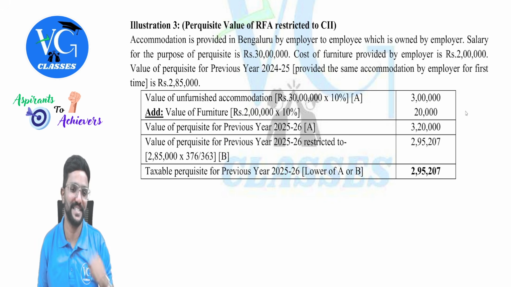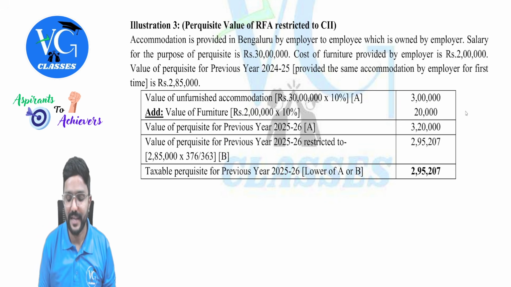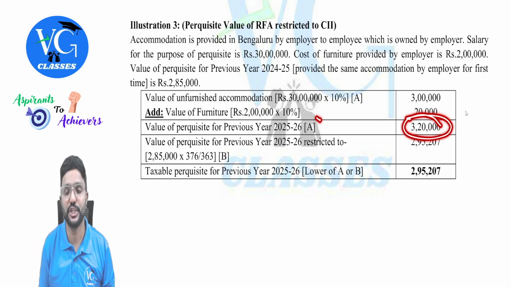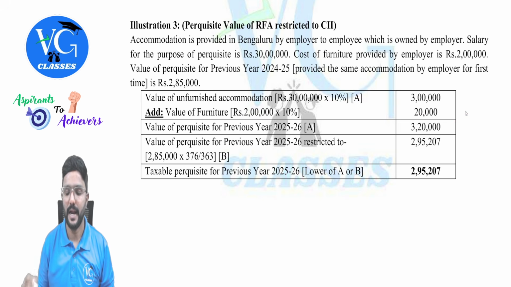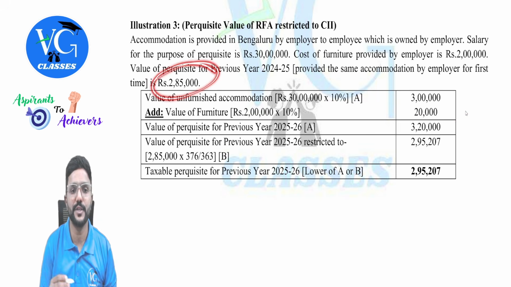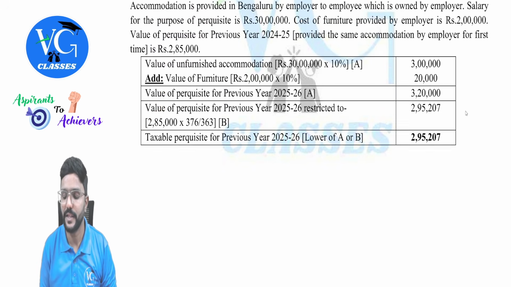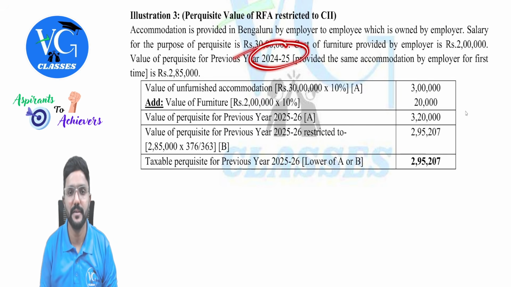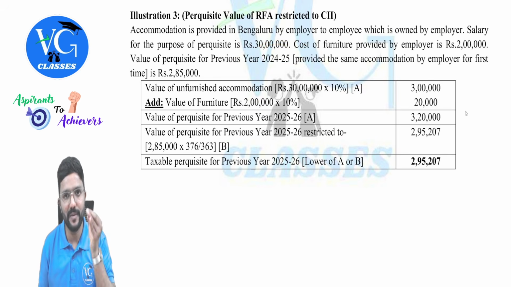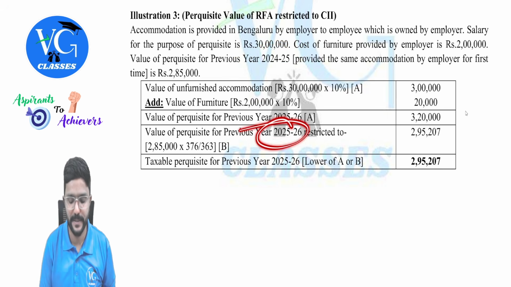Got it? Yes, sir. So as per the calculation, we will get the value of perquisite for rent-free furnished accommodation, 3,20,000. Keep it aside. And as this information is given in the question, we need to apply indexation for it. 2,85,000 is the value for the year 24-25. Apply indexation and calculate what is the value for 25-26.